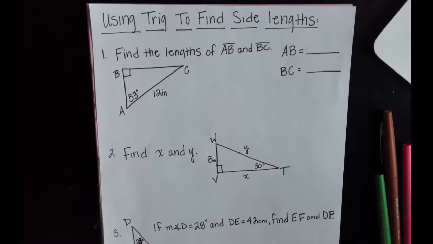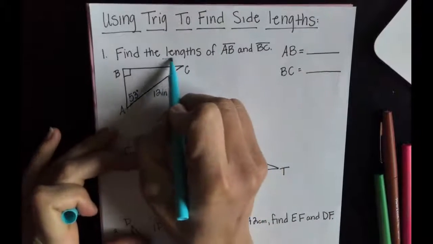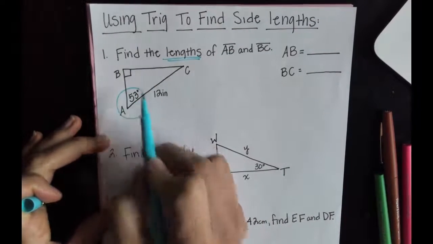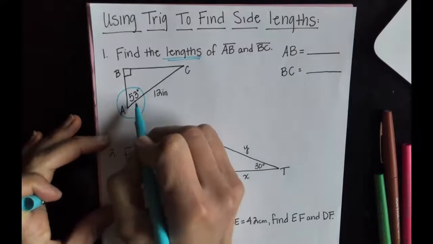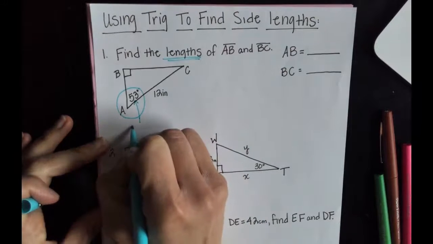So with that being said, let's take a look at number one. Again, we're going to find our side lengths and we are going to look at our angle. And again, when we look at a 53-degree angle measure, a couple things we want to keep in mind.